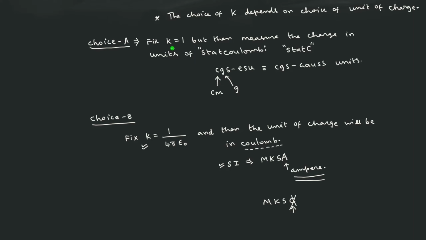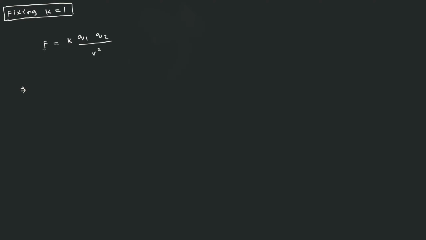Now what is important is that you have two choices of fixing K. One choice is this one, the second choice is this. Let us say that the force is 1 dyne. So 1 dyne of force will be obtained equal to K. I am going to fix K equal to 1 here. So 1 into Q1, Q2, and you have already made a statement that Q1, Q2 will be measured in statcoulomb.